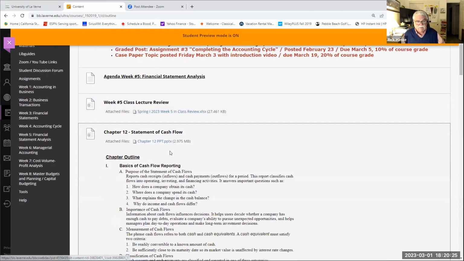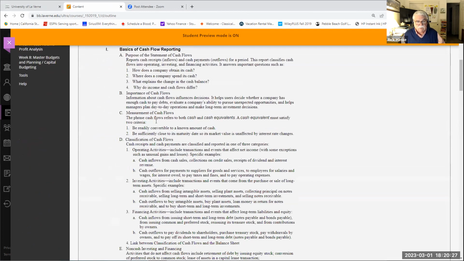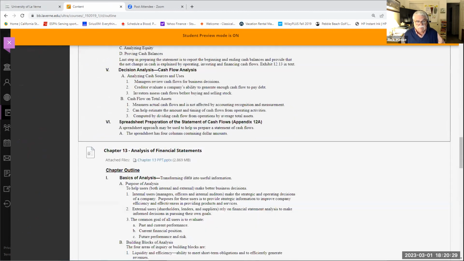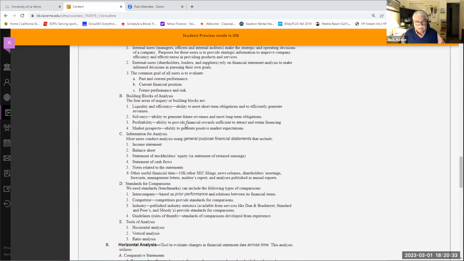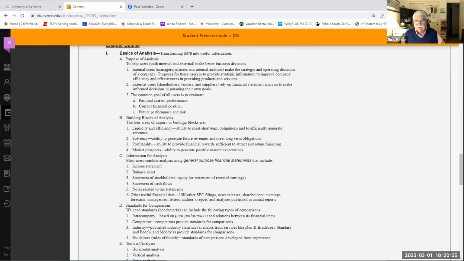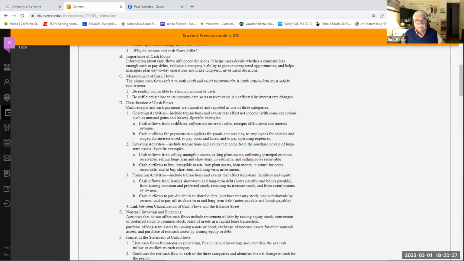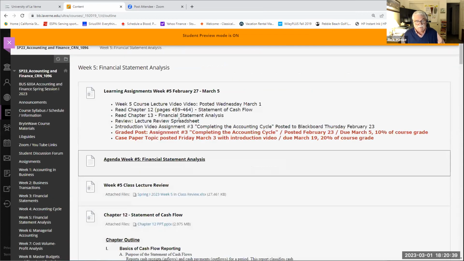And then some key points of the statement of cash flow and financial statement analysis, and some PowerPoints if you so desire to look at about those 2 topics. So that's our subject for this evening as we begin to transition into the world of finance beginning next week.